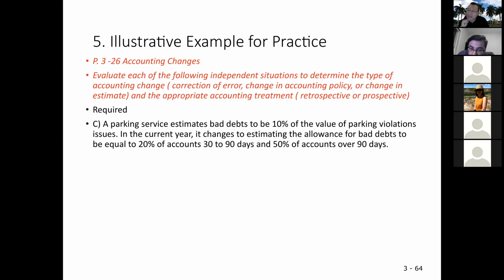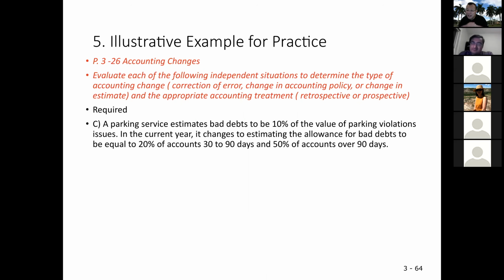That's how they do the bad debt. They believe 10% of the issued parking violations will not be collectible, right? And now they set up this allowance, so they apply 20% to the accounts outstanding between 30 to 90 days, and they set up 50% for those balances that are over 90 days.